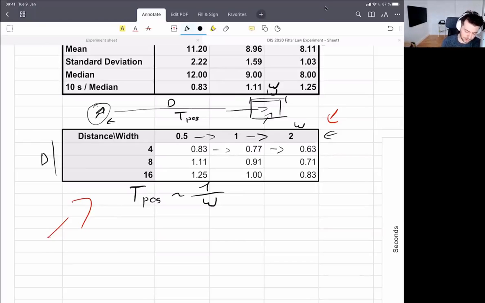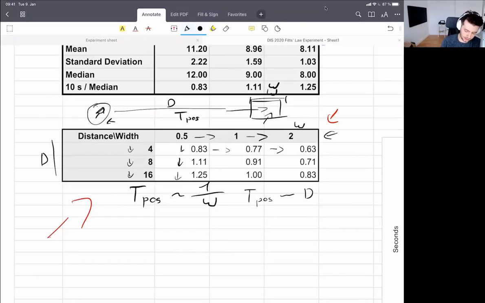What you can also see is that by increasing the distance of the target, going from 4 to 8 to 16, the time increases. We first have 0.8, then 1.1, and then 1.2. So the time is apparently also proportional to the distance.